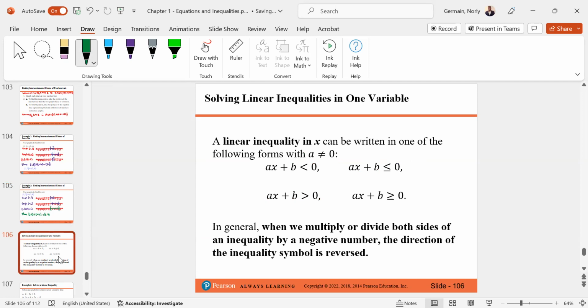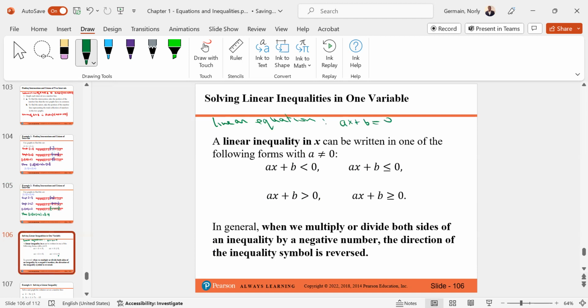We know that a linear equation in x can be written in one of the following forms: ax + b, this is the linear equation. You can write it as ax + b = 0.